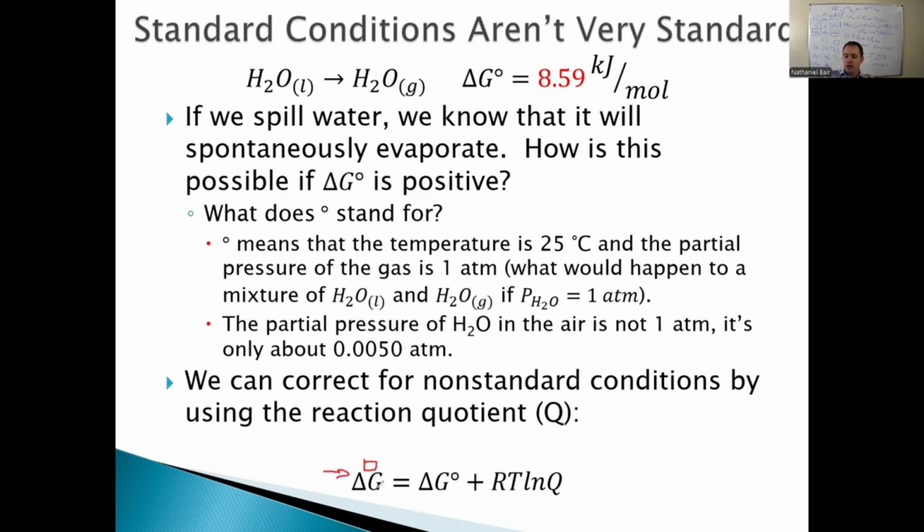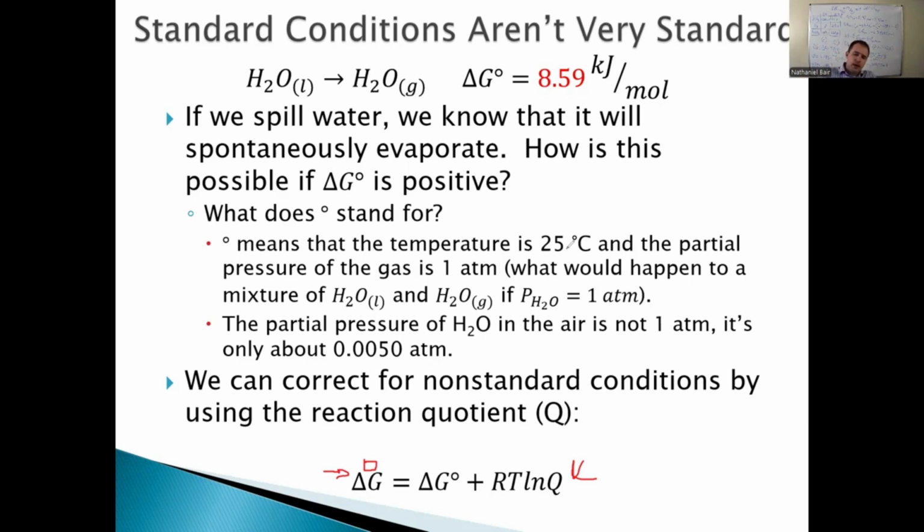Notice that the degree sign is missing. Delta G under non-standard conditions, like right now, is going to be equal to delta G under standard conditions plus RT ln Q, where Q is the reaction quotient.